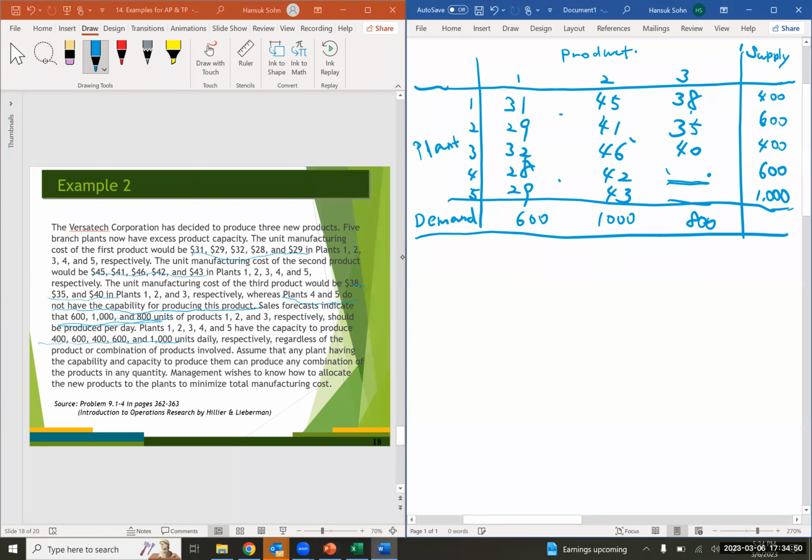Right here I put M. M stands for a relatively big number. We can use 1 million, for example.